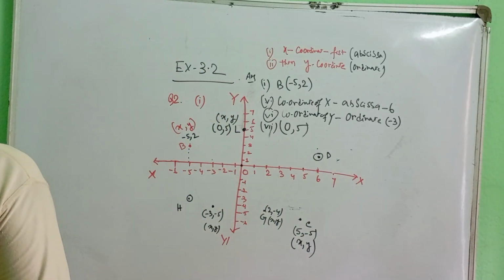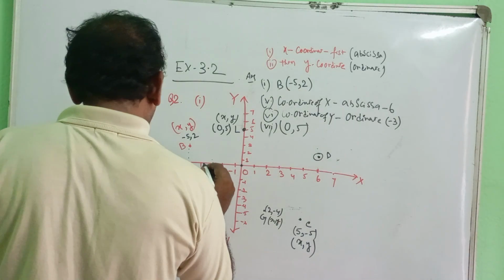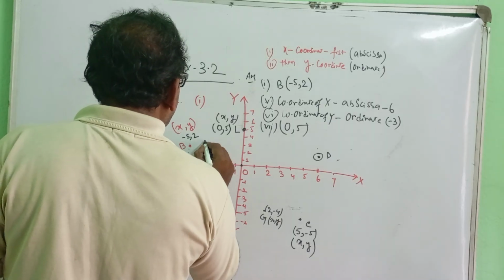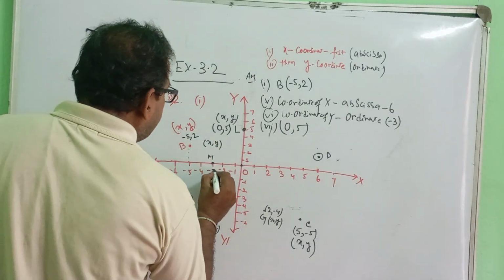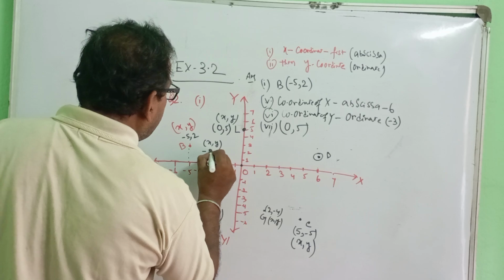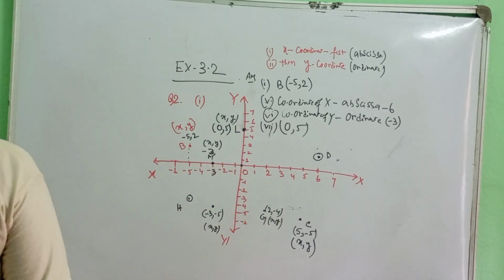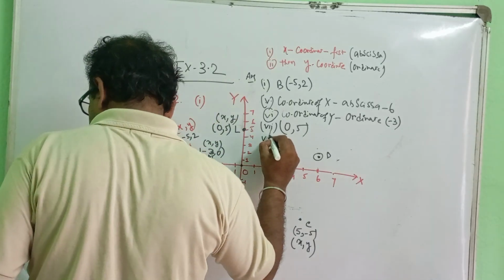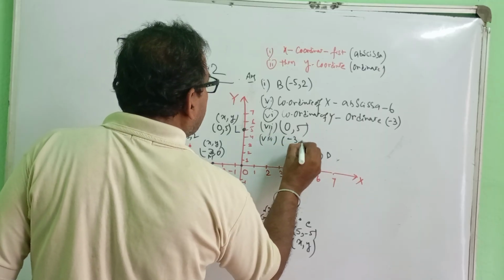Now they have asked about the coordinate of M. Same thing, x, y. Where x is how much? -3. Y how much? No movement. That is -3, 0.